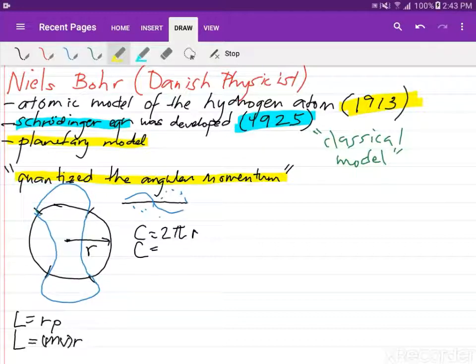So he used the idea of de Broglie, wherein de Broglie proposed that matter behaves like waves. So he argued that an electron orbiting around a hydrogen atom or a proton should be treated as an electron wave. So for example, our electron is here.